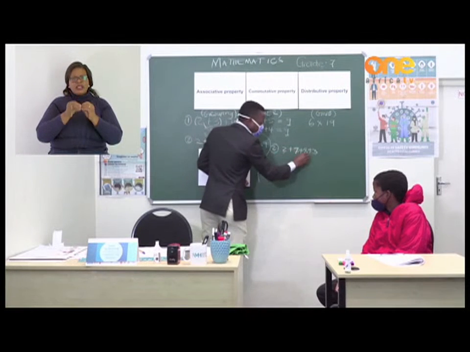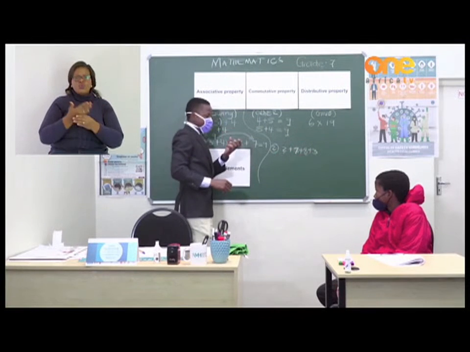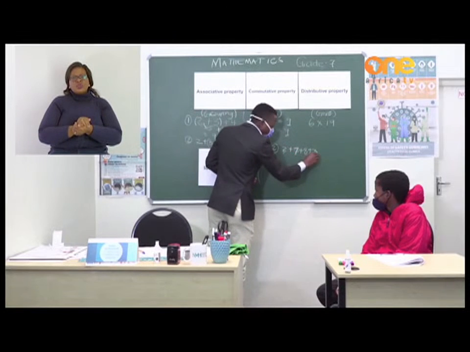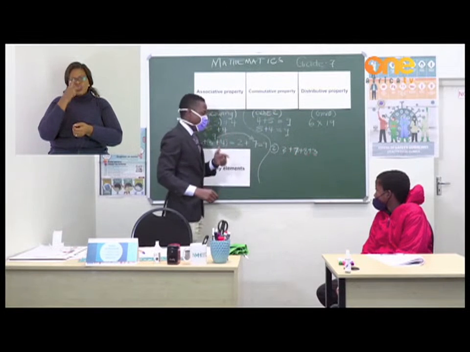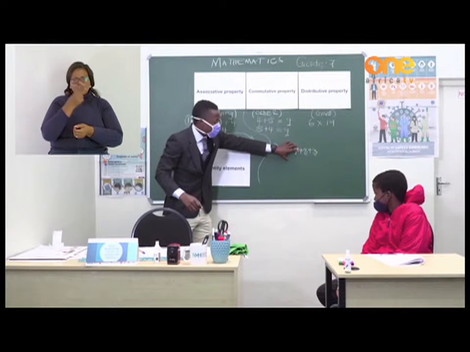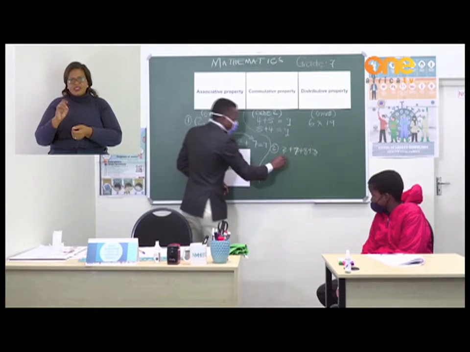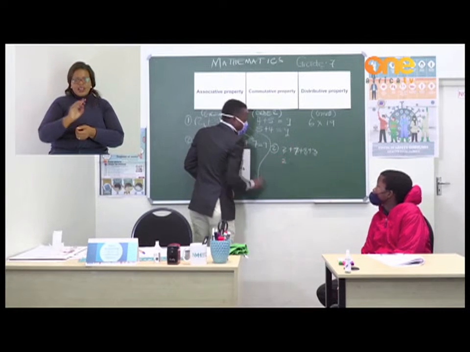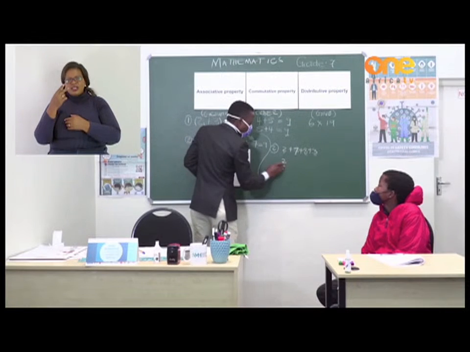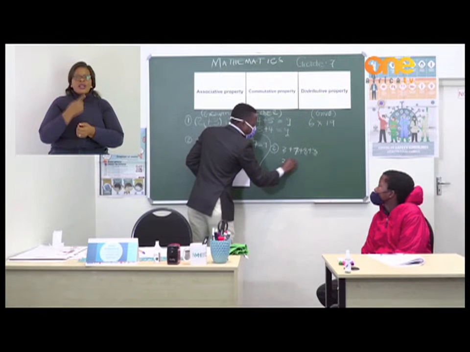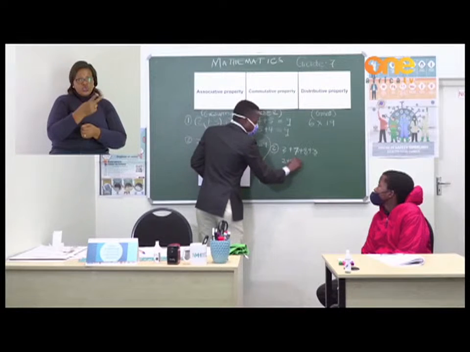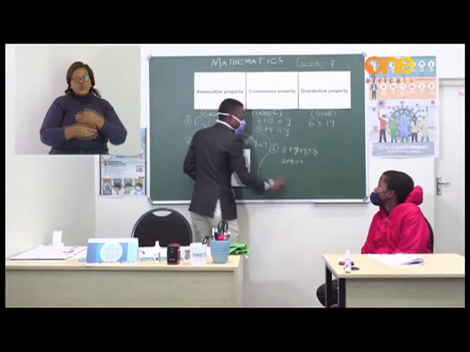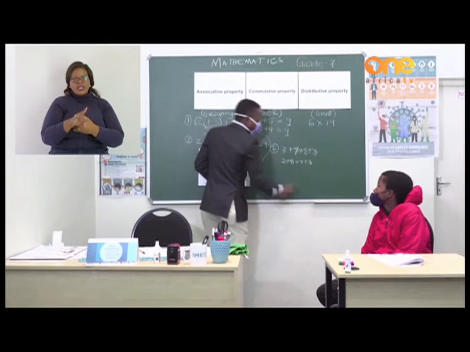Look at 2 and look at 8. This number can give you 10. Look at 7 and look at 3. It can also give you 10. So I can change the order of these numbers and start by saying, for example, I can take 2 plus 8 plus 7 plus 3.